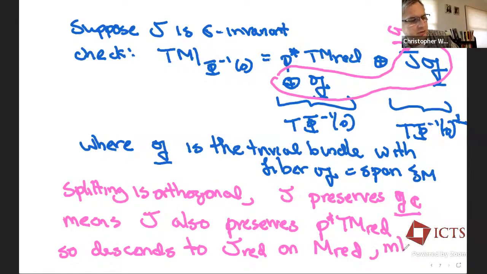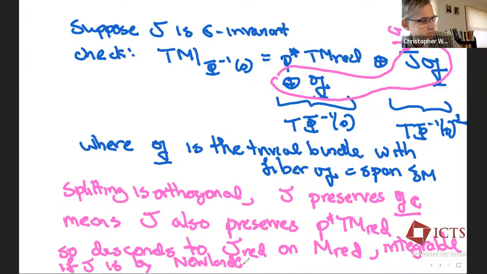And this is going to be integrable if J is, by the Newlander-Nirenberg theorem. So if we had an invariant compatible complex structure on M, then we also get a complex structure on the symplectic quotient.